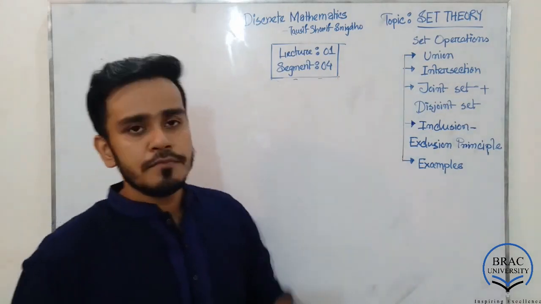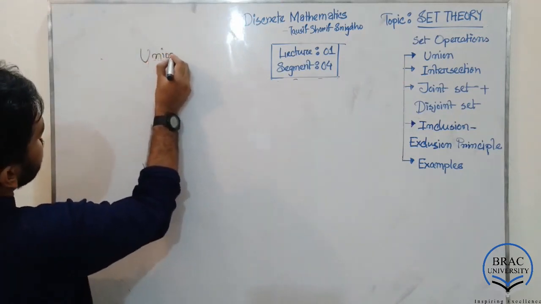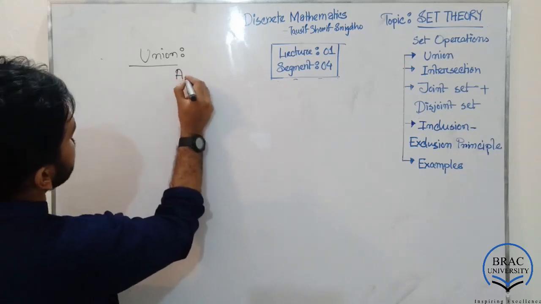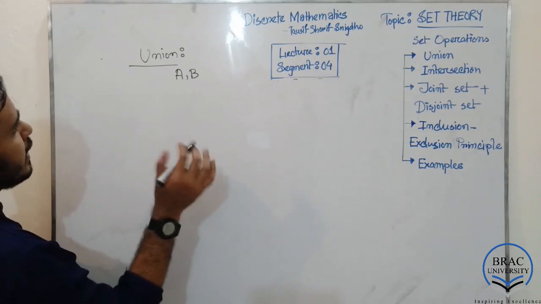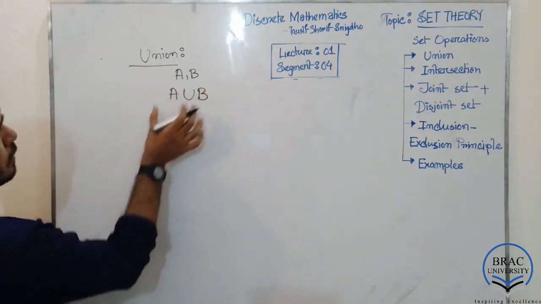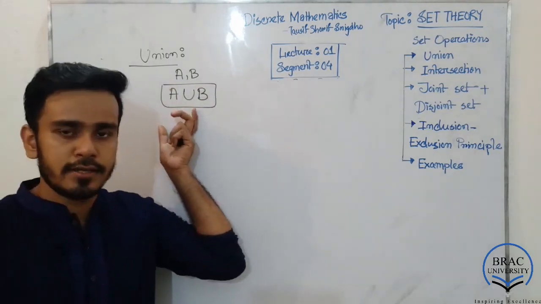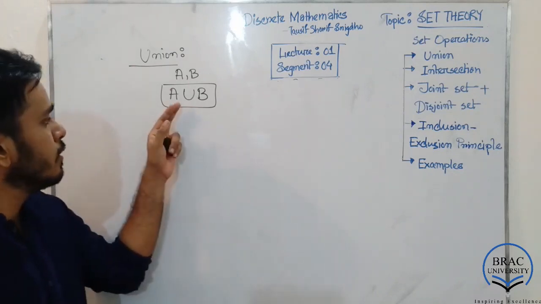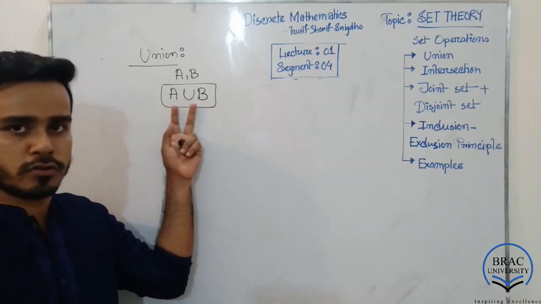Okay, here comes union. Union is a kind of set operation, and let's consider two sets A and B. The union of A and B is denoted by this. A union B is a set that contains all of the elements of either A or B or both.